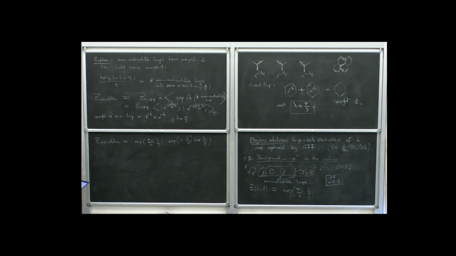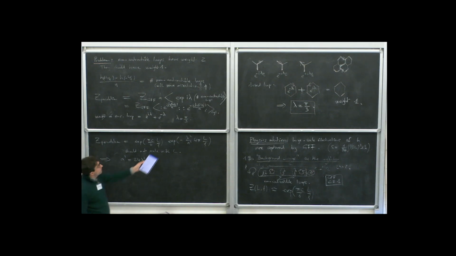Okay, and because this should be 1 in the end, it should not scale. Of course, there's some global normalization, but the point is that the total result should not be a function of capital L over little l, and this is possible only if a squared is 24 times lambda squared.